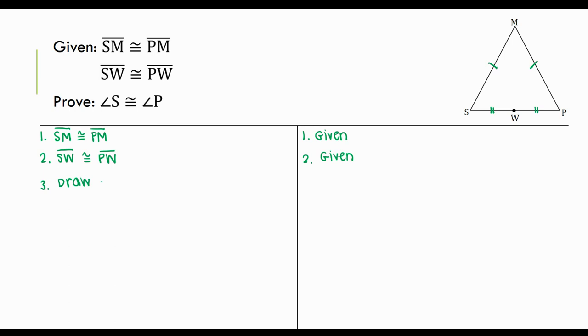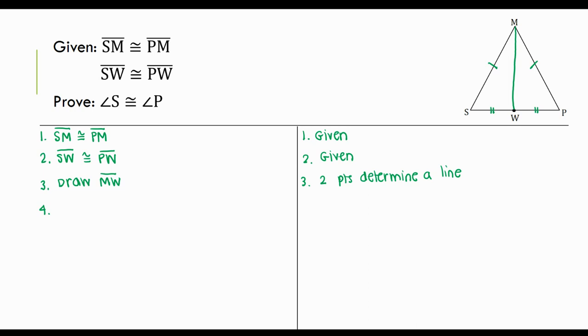So notice that my statement is that I want to draw the segment MW, and that's because 2 points determine a line. So by connecting point M and W together, it's now created two smaller triangles within the triangle SMP.